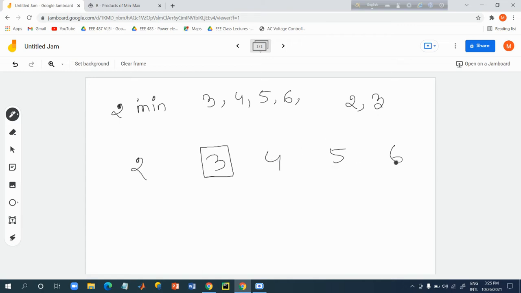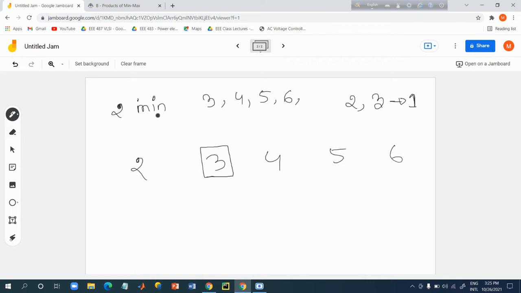So we cannot insert 5 or 6 also. We also cannot insert 1 here, if there were any value like 1 previously, because then 2 will not remain the minimum value. So if 2 is the minimum and 3 is the maximum, there is only one possible subset, which is 2 and 3, and there is only one option.